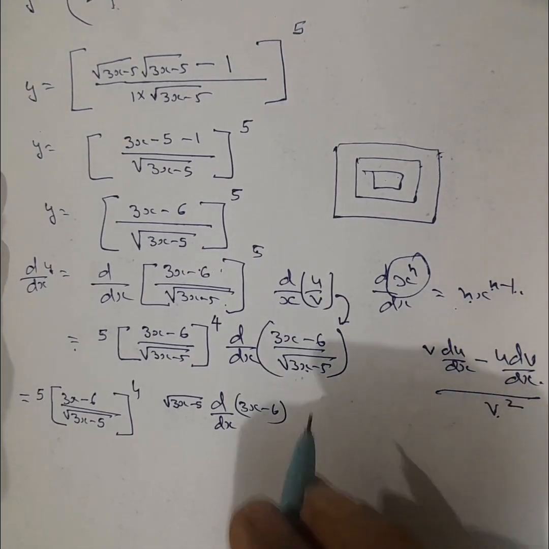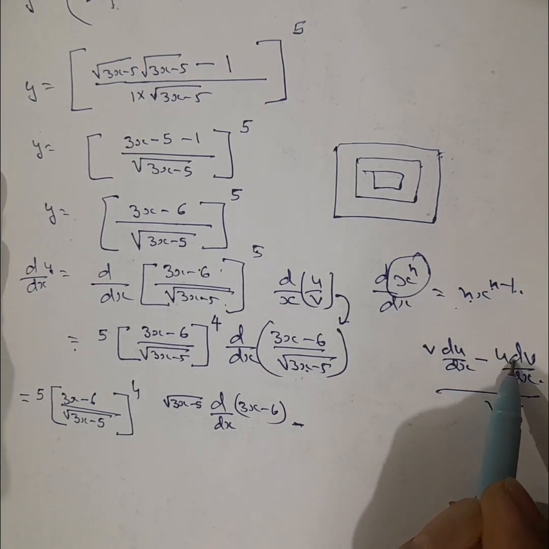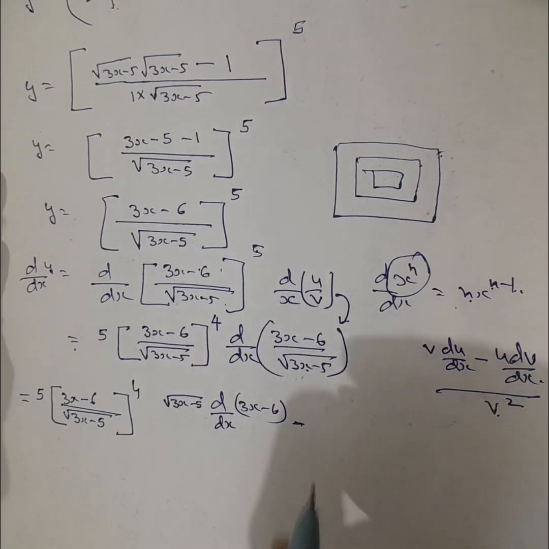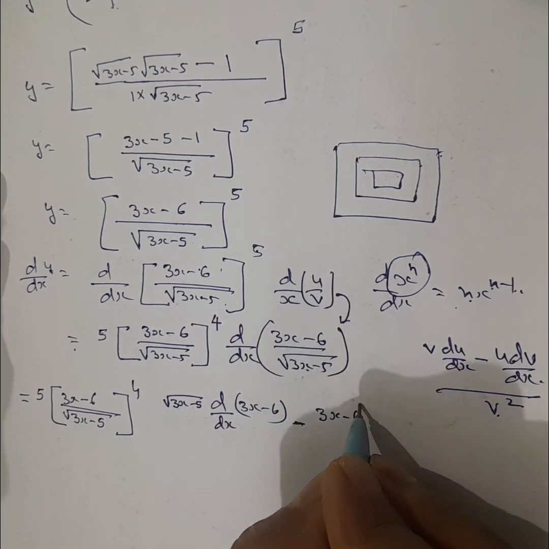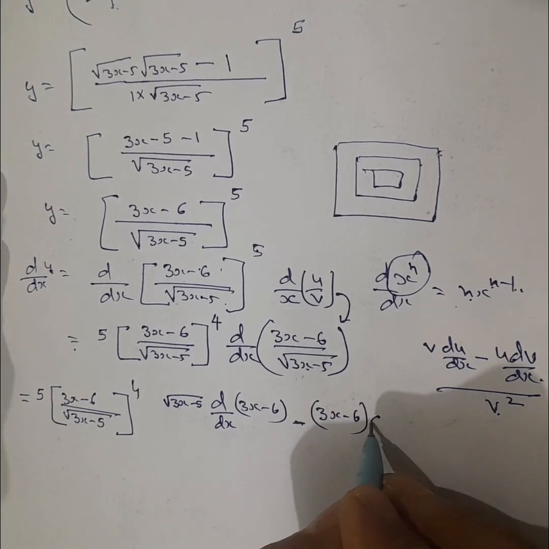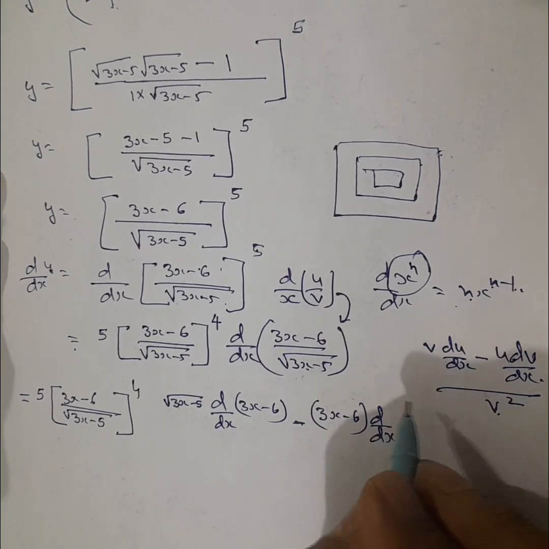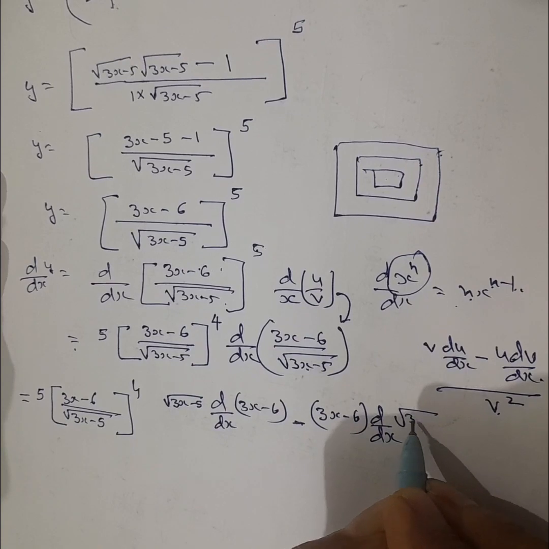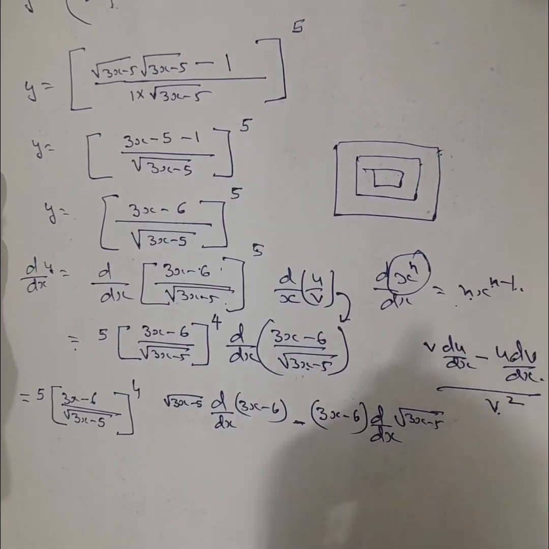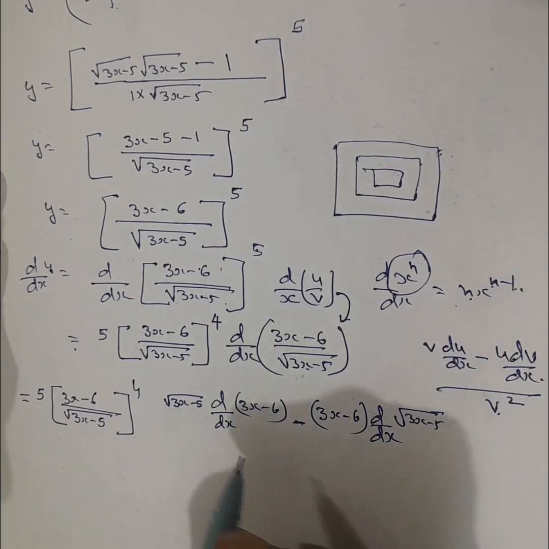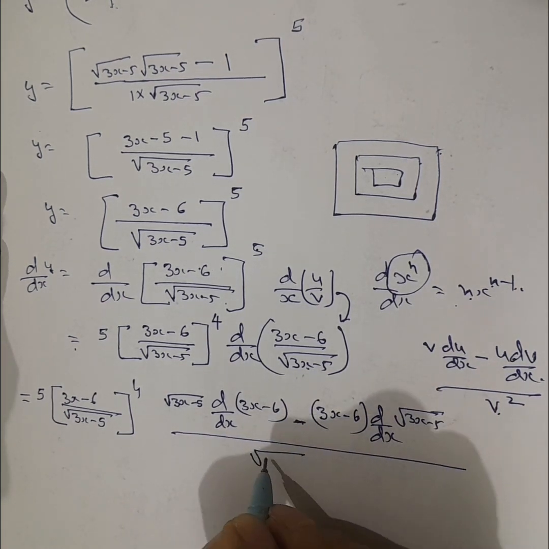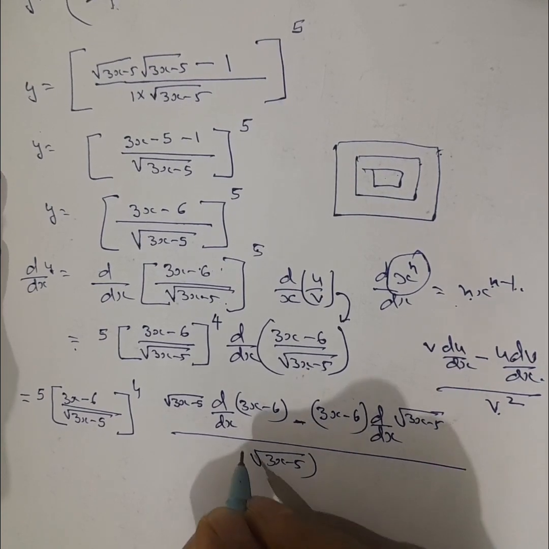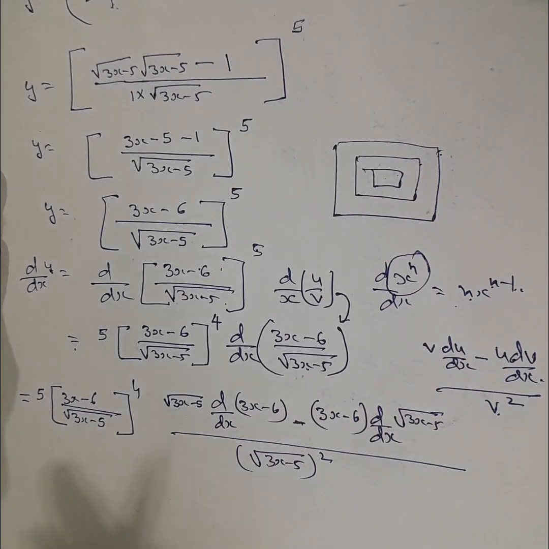Fine. Then comes minus, and then comes u, that is the numerator 3x minus 6, and d by dx of v, that is root of 3x minus 5. Alright, done. So numerator done. Divided by v square, that is root of 3x minus 5 the whole square. Alright, appears quite big, but it's very simple.